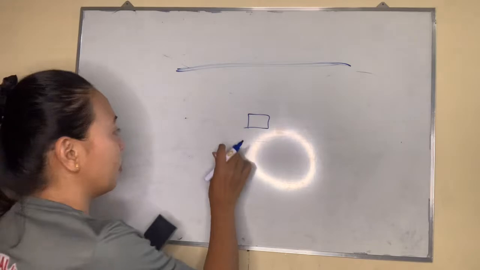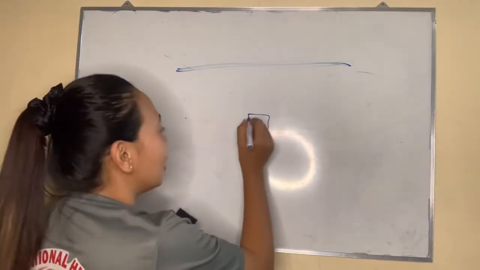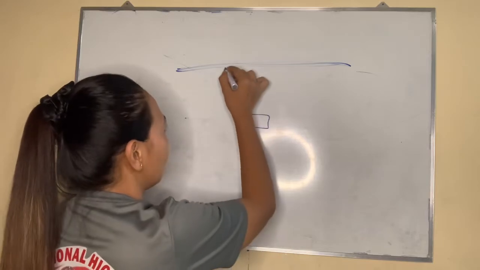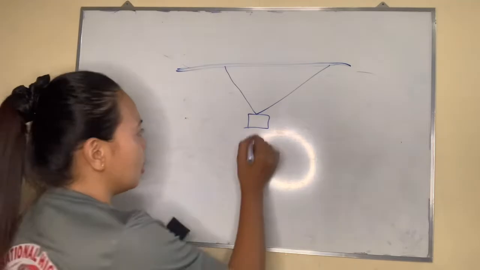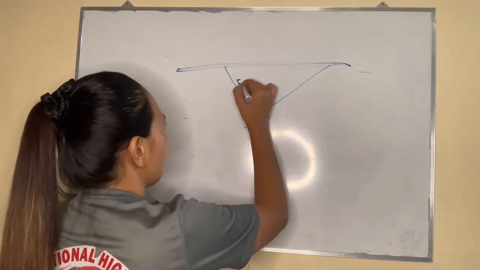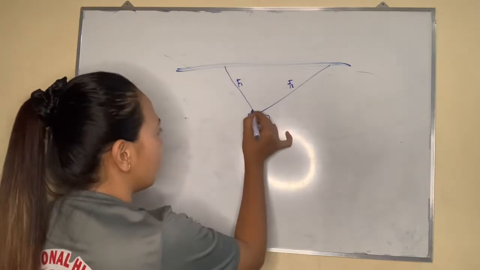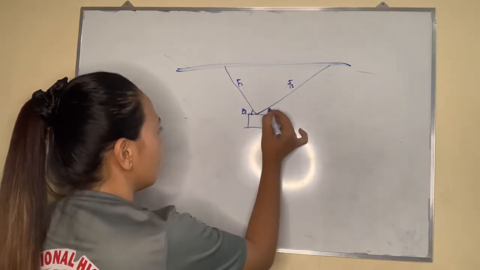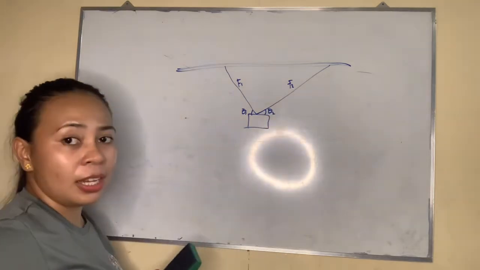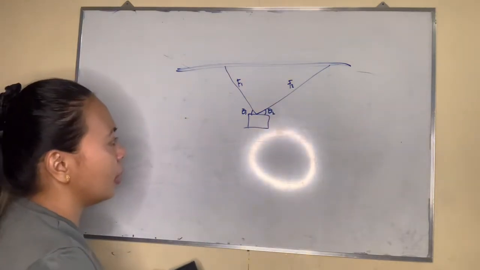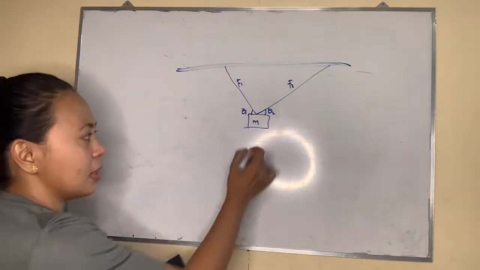So, ang object natin dito is hung with the rope. Okay, so this is the rope. This is your F1, this is your F2. And you have, this is theta 1. And this is also theta 2. Okay, this is your object with the mass M.